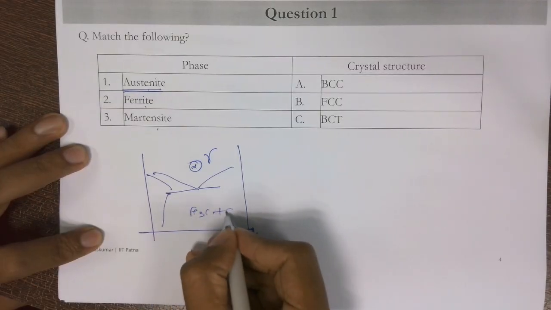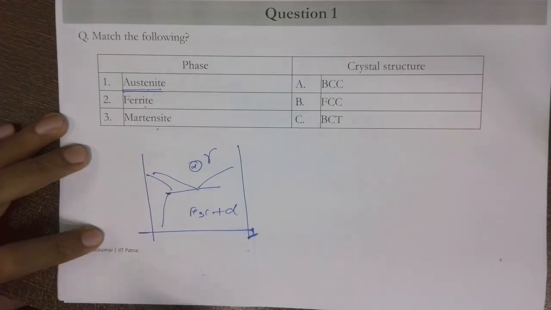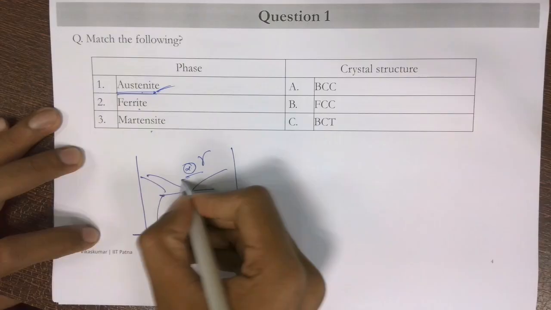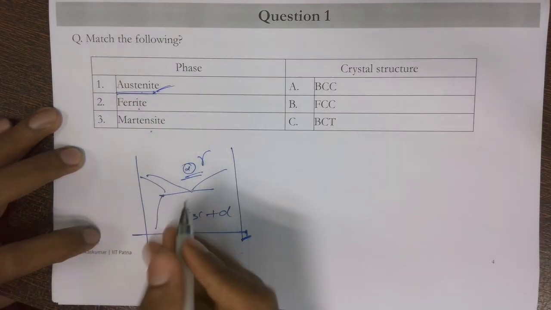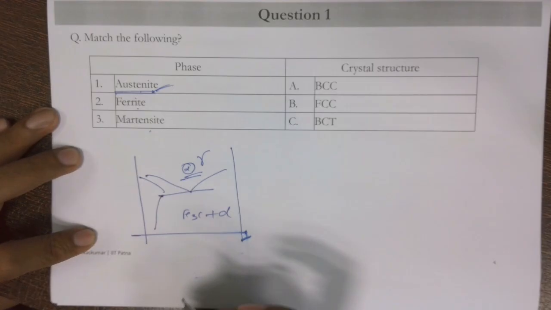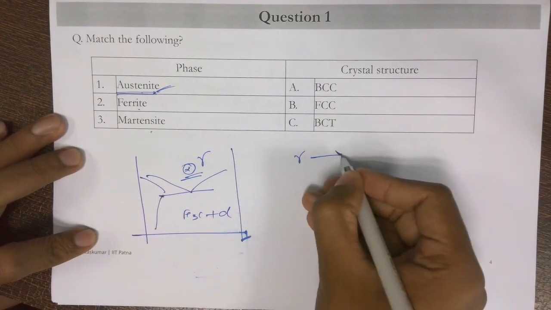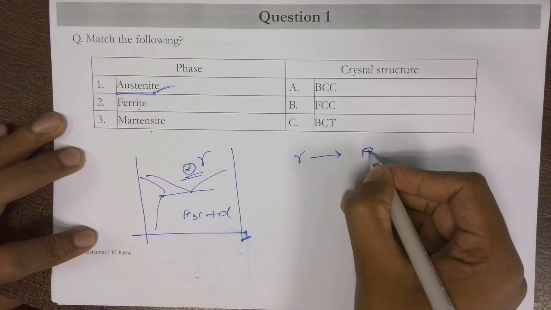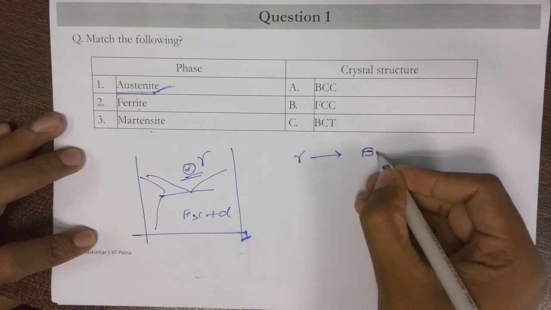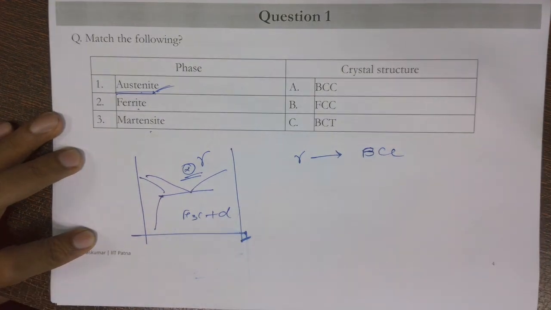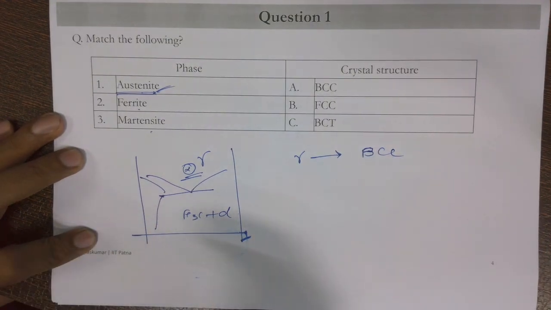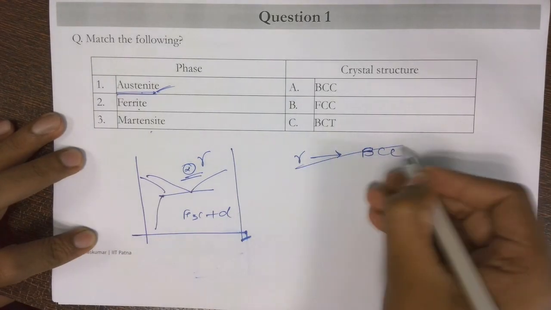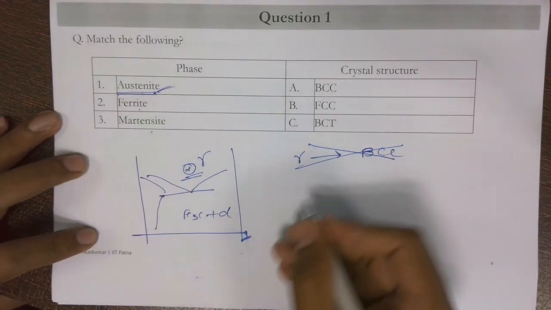Austenite is BCC. Sorry, I think I am making a mistake. Austenite is not BCC. Yeah, austenite is FCC.